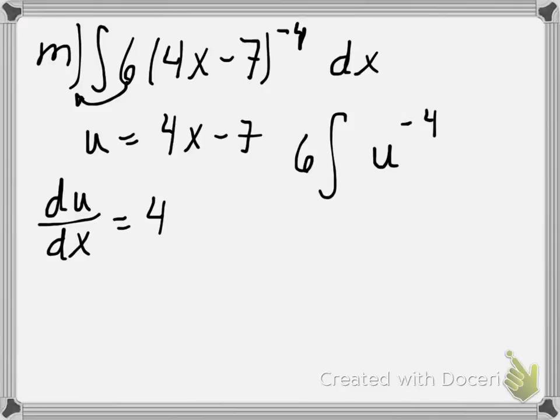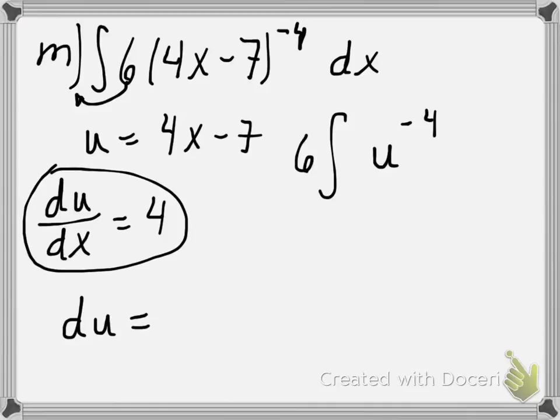But then to have a du here, we need to look at this piece here. So if I manipulate that by multiplying by dx on both sides, 4 dx is the same thing as du.